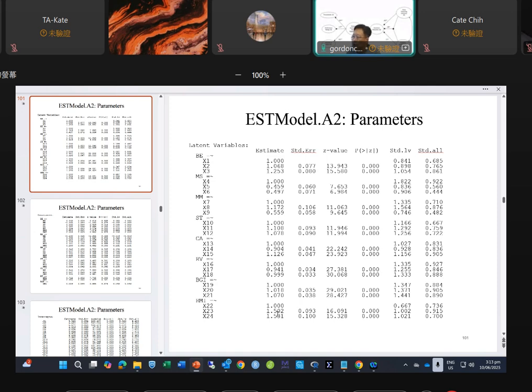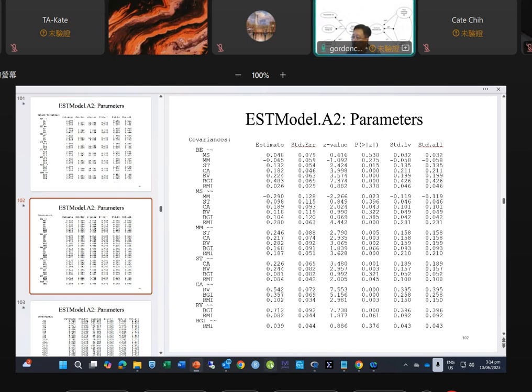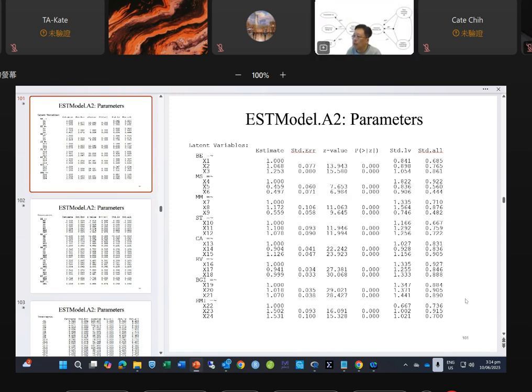We seldom test factor loadings, but we will test regression coefficients. Then we use the unstandardized to test. We don't test with the standardized. But for factor loadings, although we estimate the unstandardized factor loadings, later on I will show you that the standardized ones are more important. Standardized factor loadings are very important, where we estimate the reliability and test for convergent validity.